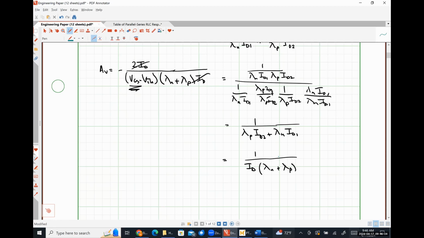That lets us know what IREF has to be. Once we know IREF, we can compare IREF to ID1, and now we know how our current mirror has to work in order to multiply the current to get the right drain current on the right-hand side. So now I've told you how to do the whole problem.